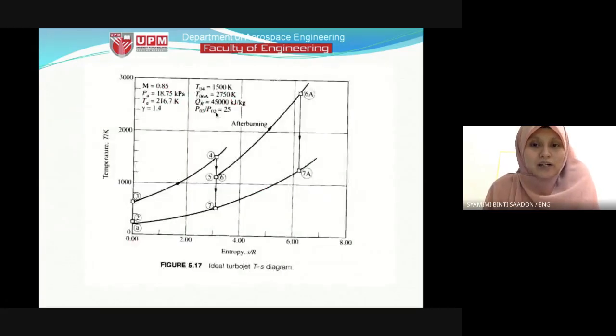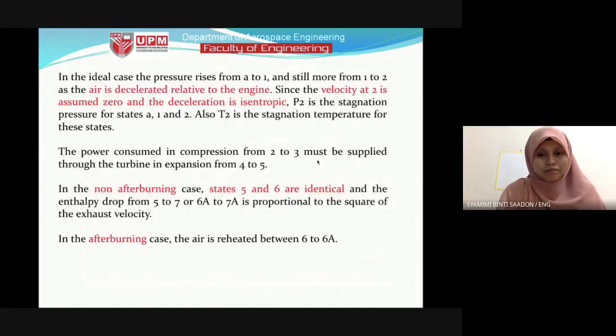That's why we add the function of the afterburner, because the difference of the temperature will be higher. So we expect to produce more kinetic energy, a higher velocity, higher speed gas by adding the afterburner. The higher the difference of the temperature, the more kinetic energy that we expect to produce.